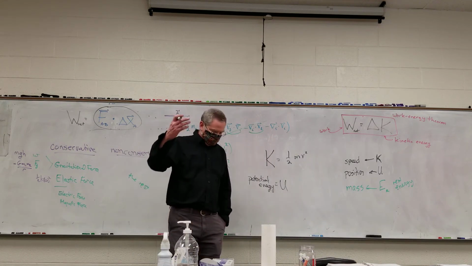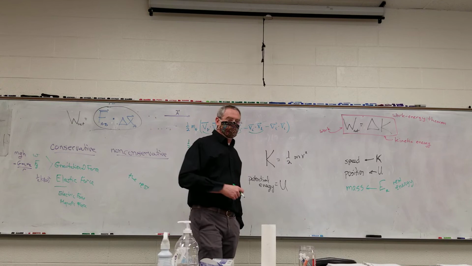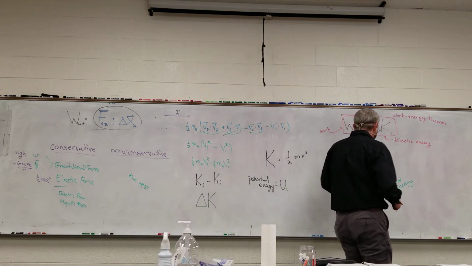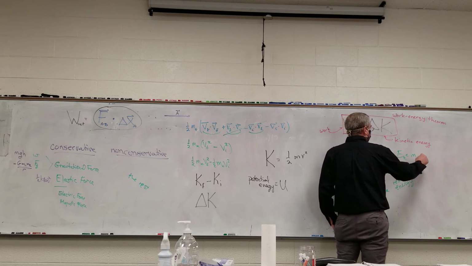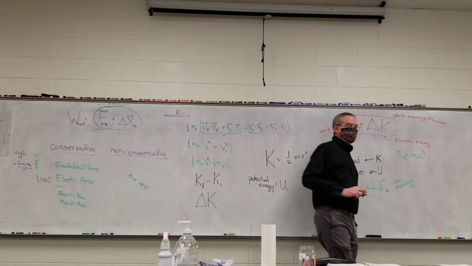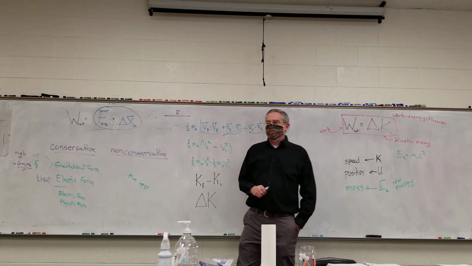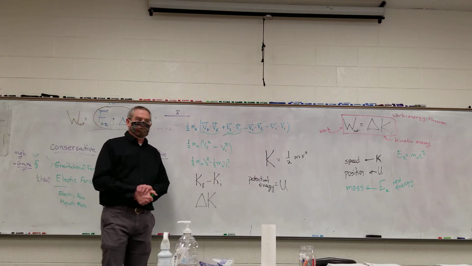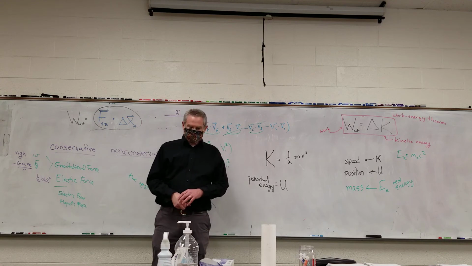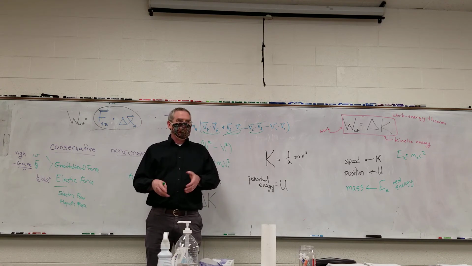E equals, so at least one of you knew it. The only difference is that the rest energy is equal to m sub 0 c squared. It has to involve actually the rest mass. Rest mass is the mass that you have been measuring every time you use the triple beam balance, because it is at rest relative to you.